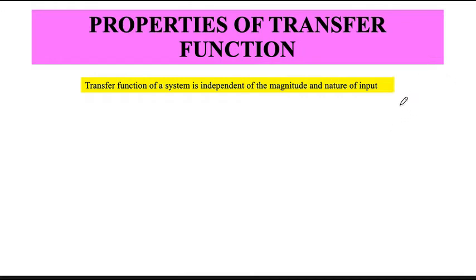For example, if I take a system Gs and measure a certain output with a certain input, say Us is an impulse, I will have a certain output, whatever it could be. Gs would be the same when the input is a step, with the corresponding output.